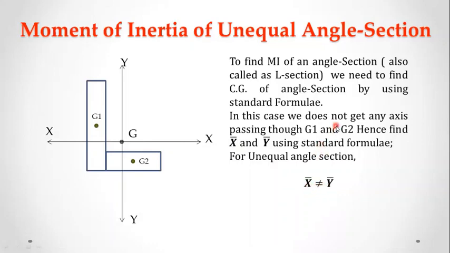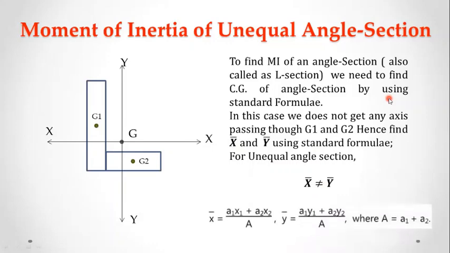So we have to use standard formulas for finding x bar and y bar. x bar is equal to a1 x1 plus a2 x2 divided by a, y bar is equal to a1 y1 plus a2 y2 divided by a, where a is equal to a1 plus a2, the summation of both the areas.